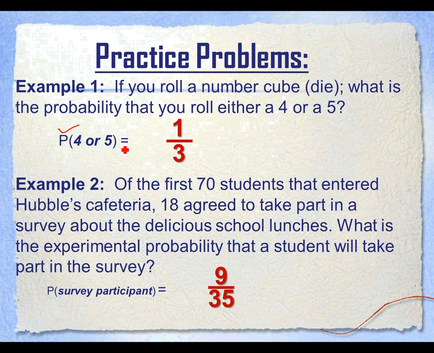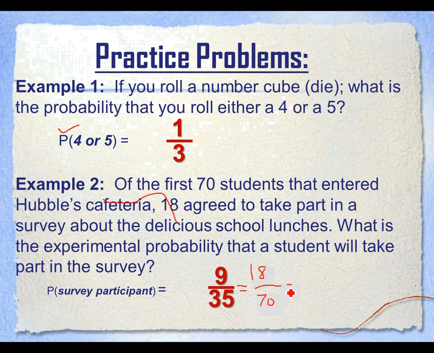So to put that into real terms, that basically means 9 out of 35 people will take part in that survey. Maybe I could do the same exact survey next week. I bet if I did the same kind of thing, I would expect 9 out of 35 people to take part in that survey. And then I can use equivalent fractions to help me figure out some more, like 18 out of 70.